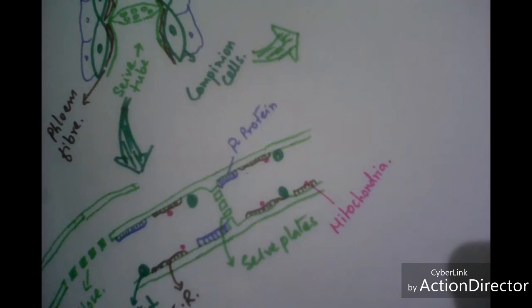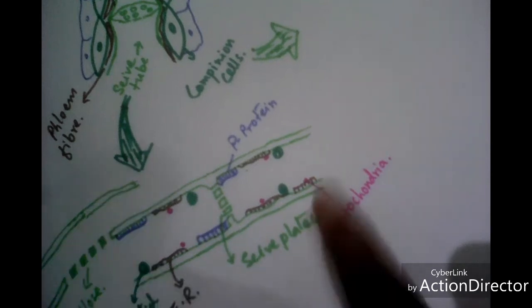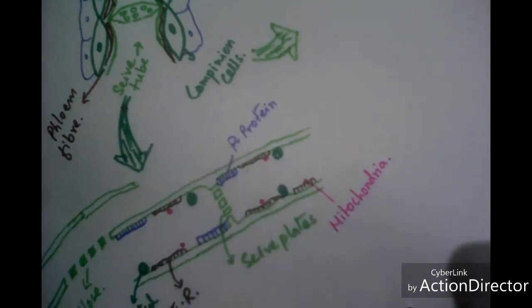So companion cell is most important for the survival of sieve tube. So companion cell contains a large vacuole, a nucleus, mitochondria, plastid, etc.